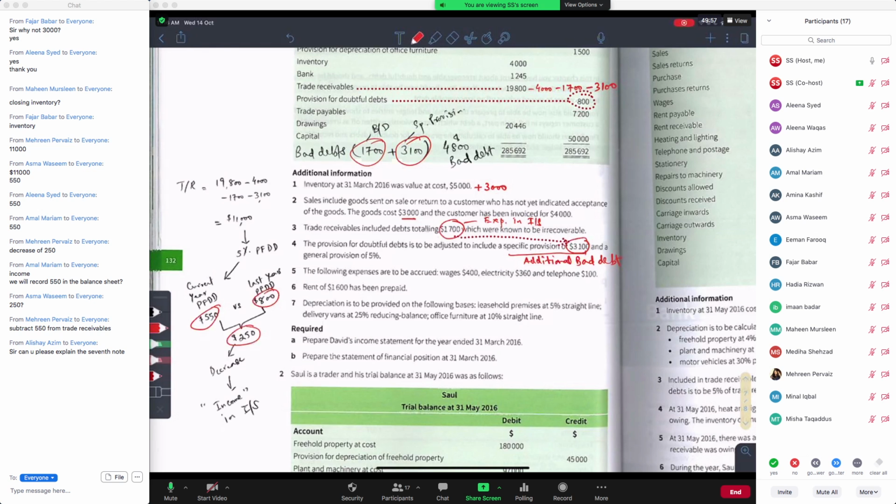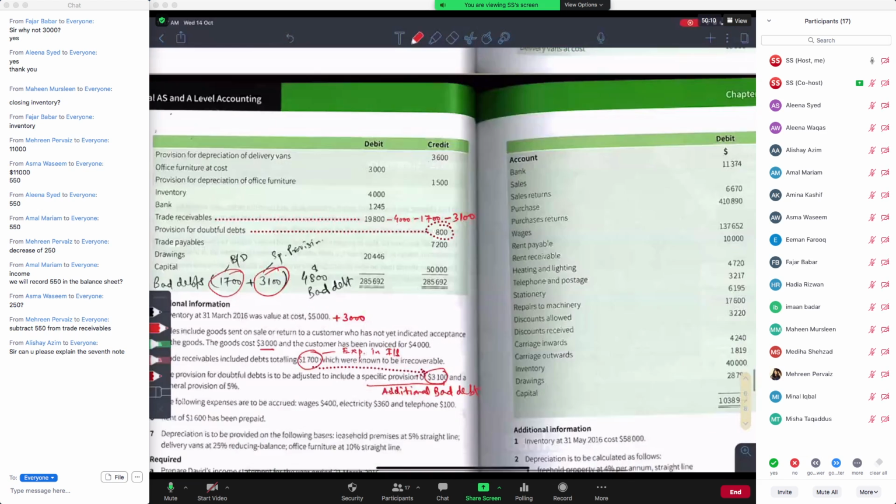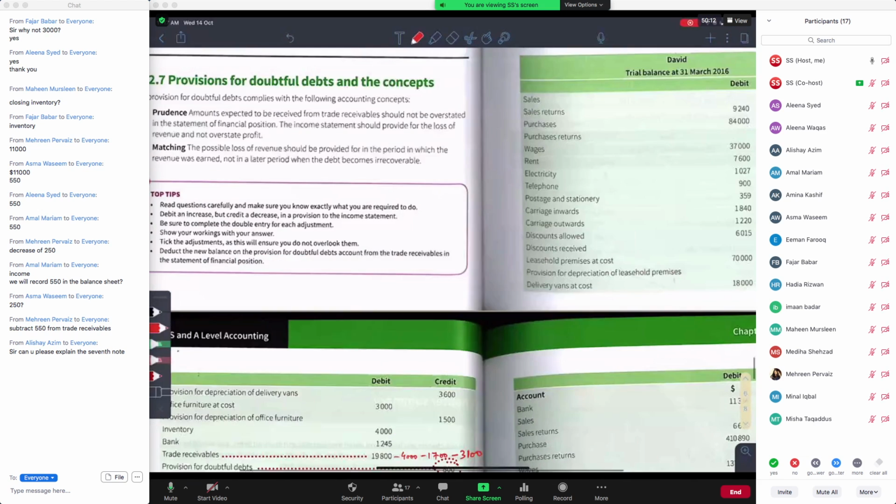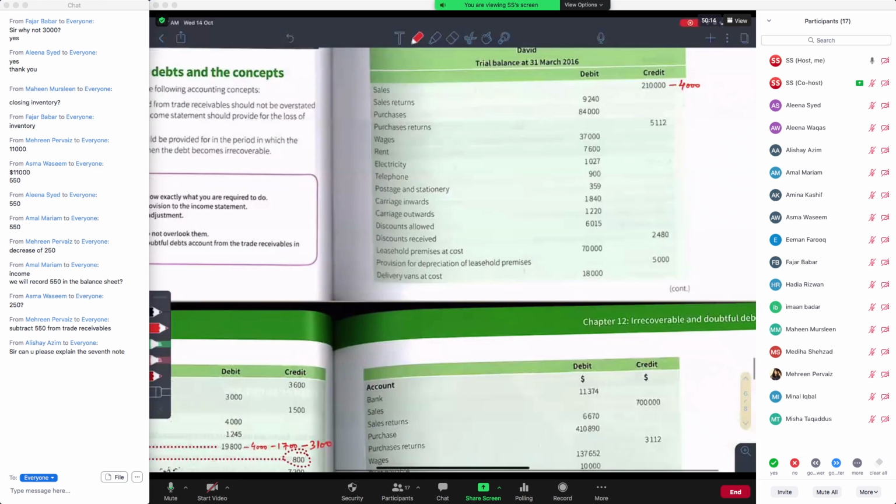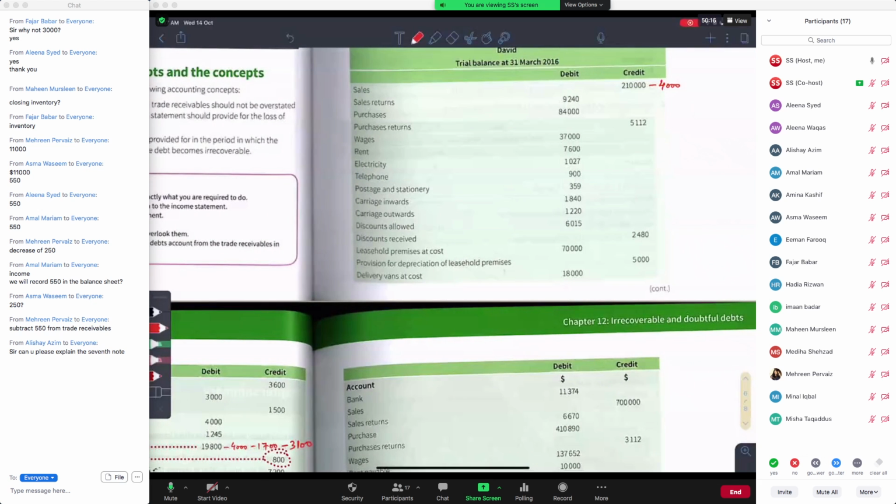When it comes to the straight line method, you will always apply the percentage on the respective costs. We have the straight line method for premises and for office furniture. So we find leasehold premises, and that's the cost.